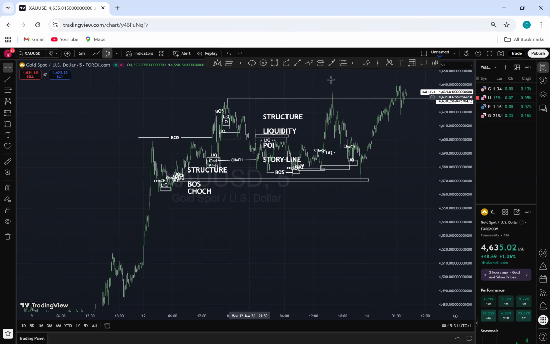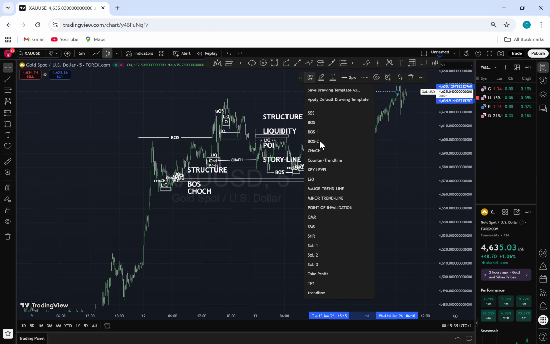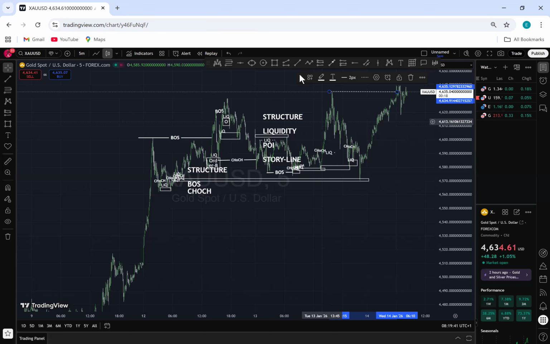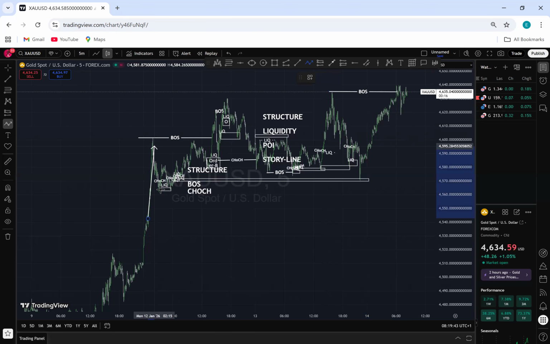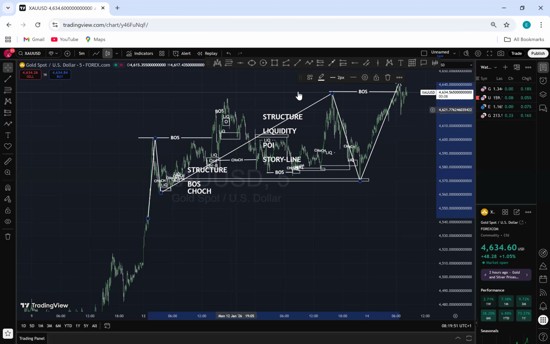So what that means is our next breakout structure is now this breakout structure. So we have this to this area, and then we have this. So everything that happened here was just liquidity for this particular area.